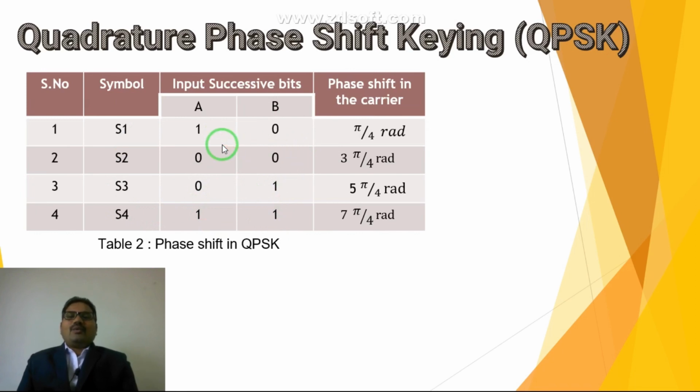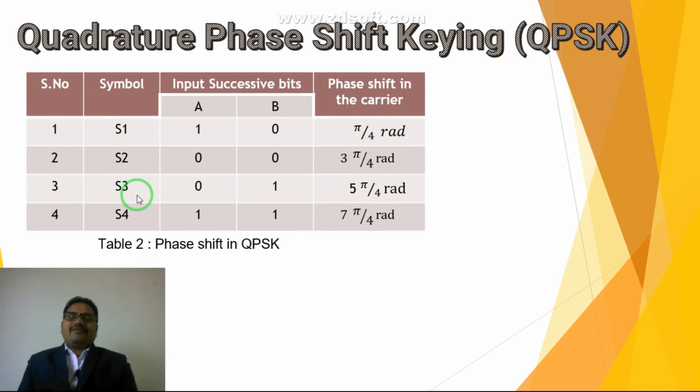So when we transmit symbol S1, that is the 10 pair, there is a phase shift in the carrier of pi by 4 radian or 45 degree with respect to the reference. After that, if I transmit symbol S2, that is 00, then there is a phase shift of 3 pi by 4 radian with respect to the reference.